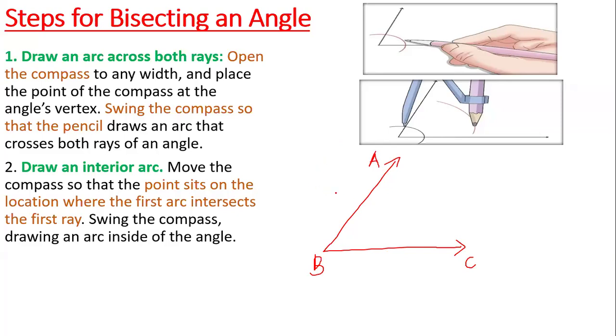This arc cuts each ray at one point, and those two points are very important, because we go to each point of intersection and draw an interior arc. So we come here and draw an interior arc, and come here and draw an interior arc like that. It's going to look something like that.